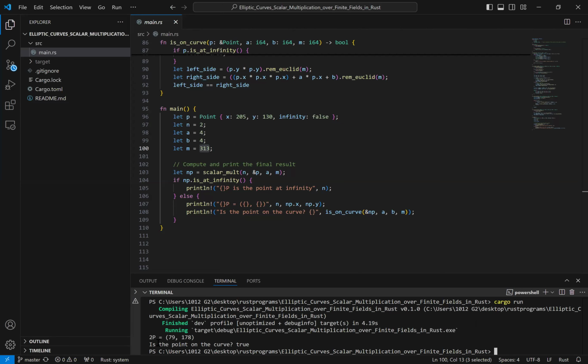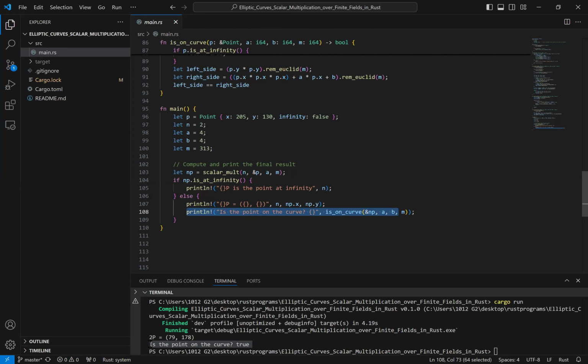It has written here and said point 2p is 79,176, and then it has confirmed that this point lies on the curve. Because I had asked it to print that the point is on the curve if point P is on the curve.